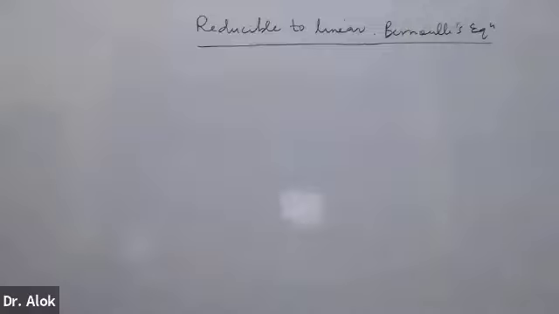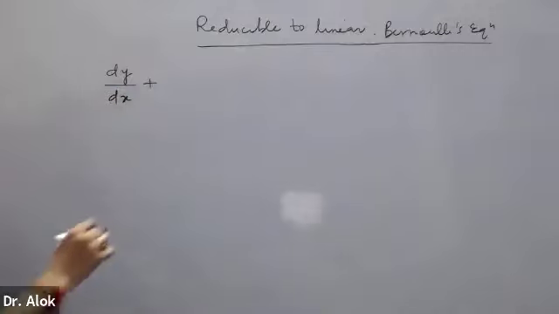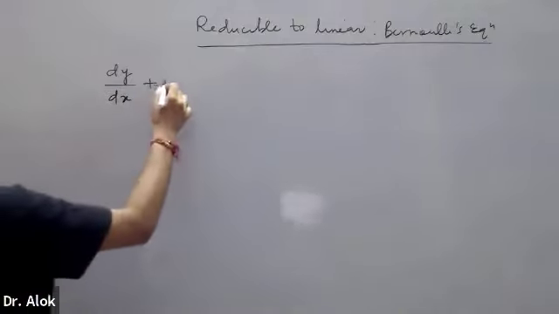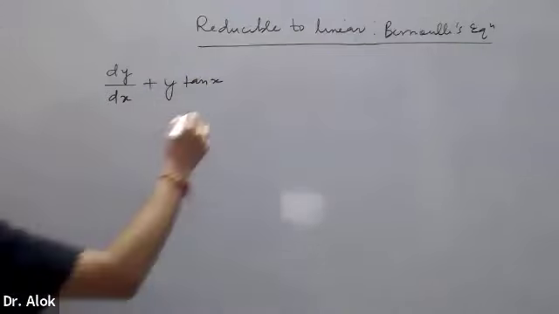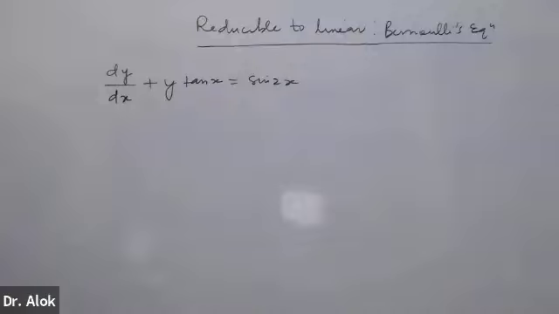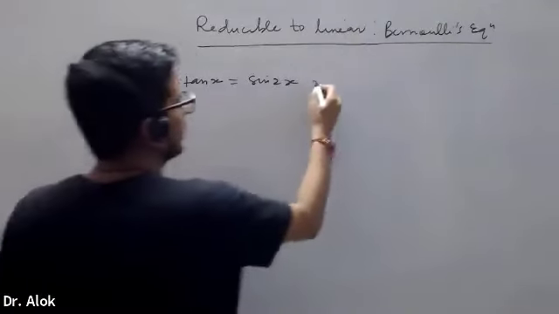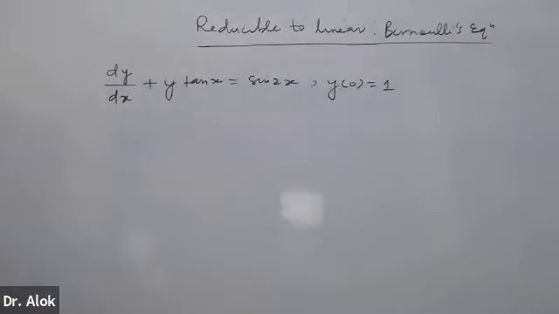So let me take another question, that is dy by dx plus y tan of x is equal to sine of 2x, and y of 0 is equal to 1. Okay? Let us solve this.